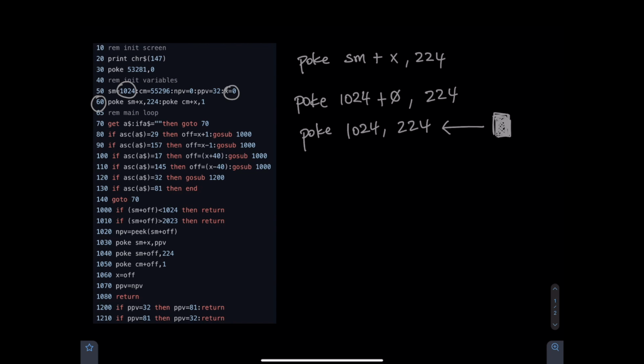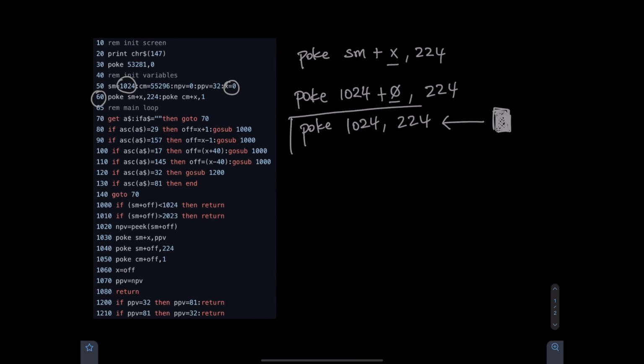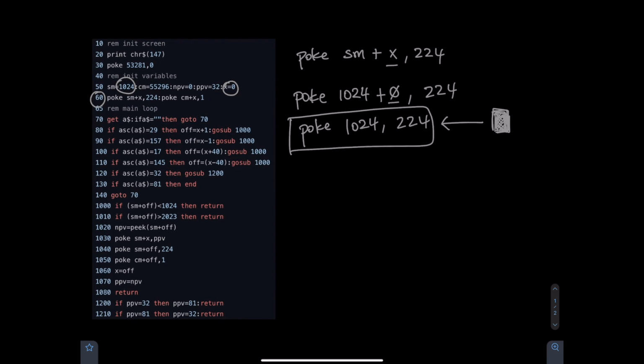As a way to initialize the system, I wanted to put this on the upper left corner of the screen. Why do I have to put this plus X, which initially is 0? Anyway, wouldn't it be easier to just write this and get away with it? Well, there is a reason not to do that. First of all, we are using a variable here, SM, to identify this particular memory location.